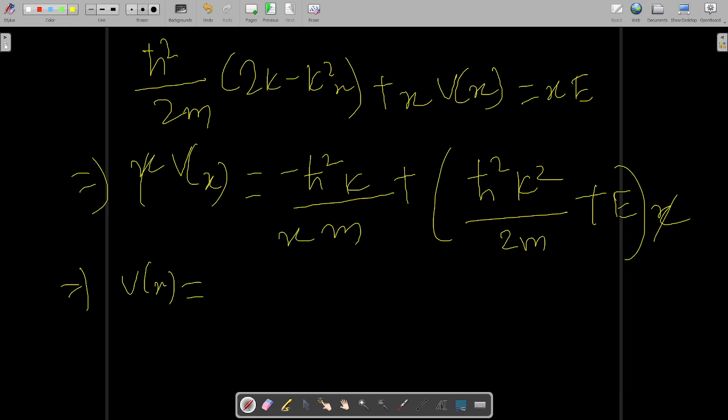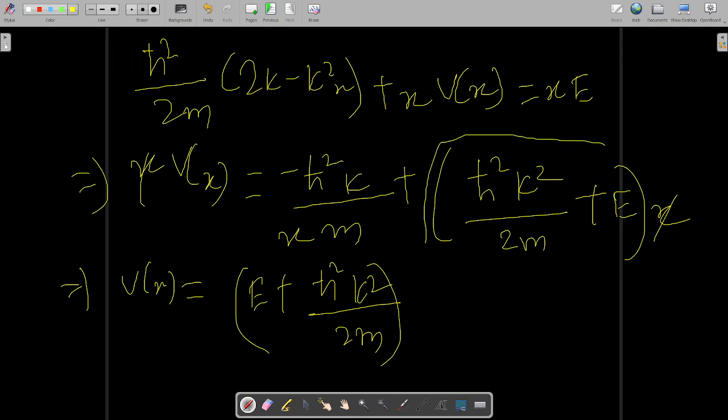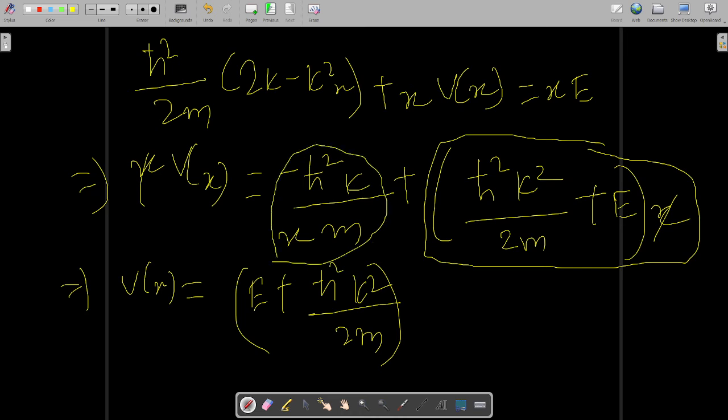So we can clearly write this thing in the form of e plus h cut square k square divided by 2m, right? It is this term. So this term has been written now, and this term will be written afterwards. Deliberately, we are writing like that.